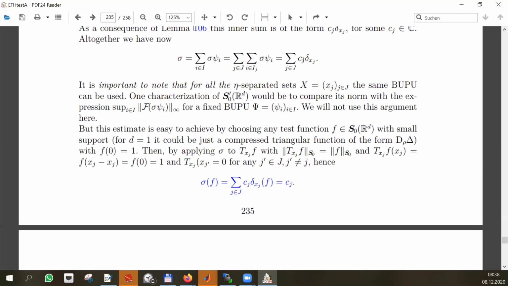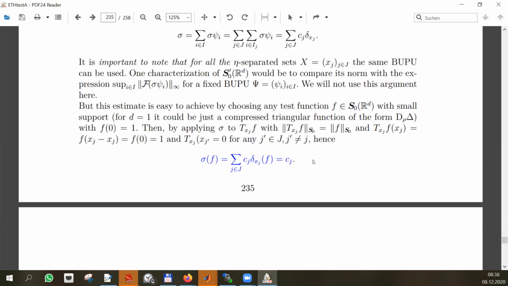So you get exactly the coefficients cj. So sigma applied to a family of functions is giving you exactly the coefficients. But this family of functions is just the shifts of an individual function. And that means they all have the same norm, and therefore you can find out that this sequence of expressions must be a bounded subset of the complex numbers. And that simply means that the supremum over all these complex numbers cj has to be finite.